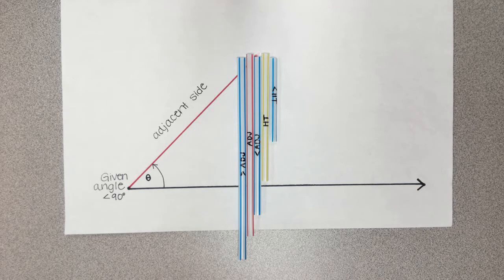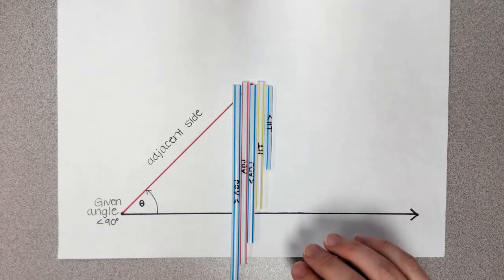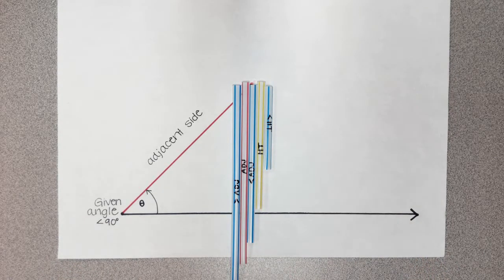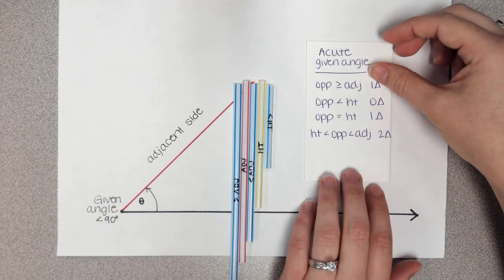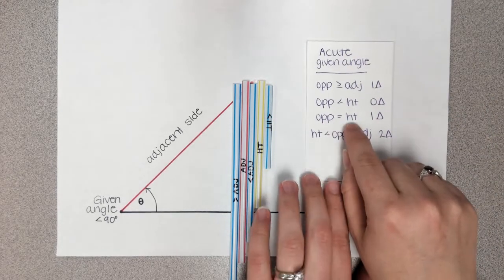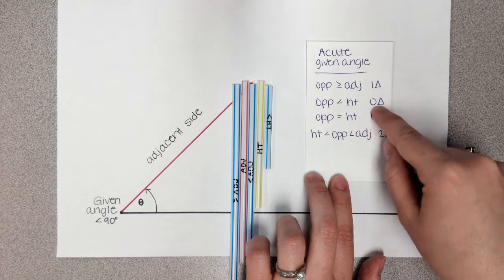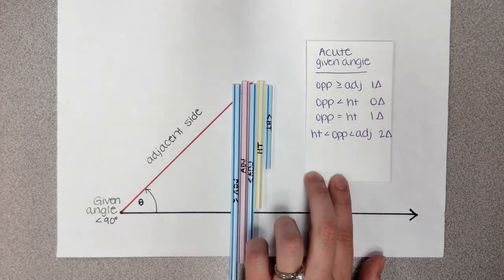All right, so what we're going to do is summarize those in chart form. I'll just give you a little glance as to what that's going to look like, but you don't need to write it yet. So this is kind of to summarize. We said if the opposite equals the height, you have one triangle. If the opposite was shorter than the height, you have no triangles because it dangles and it doesn't reach.